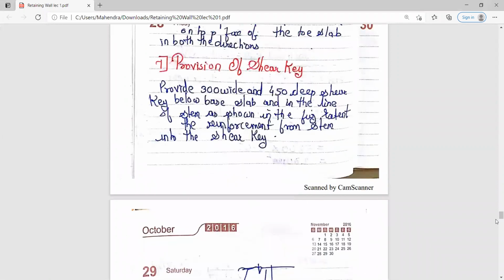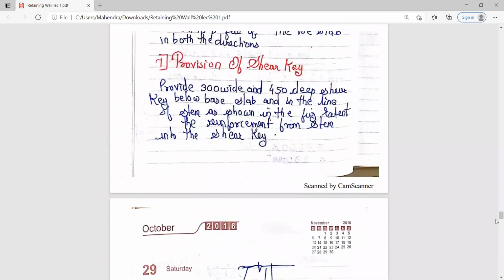So you have to provide a 300 millimeter wide and 450 millimeter deep shear key below the base slab, and in the line of the stem as shown in the diagram, you have to extend the reinforcement from the stem into the shear key. So just write down this note.